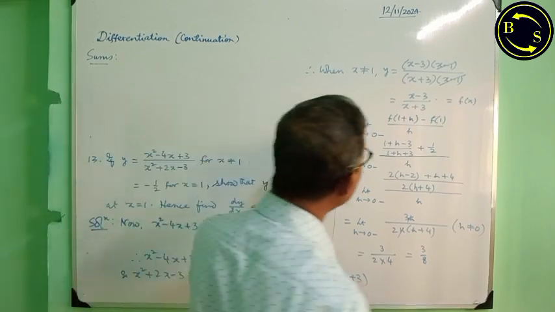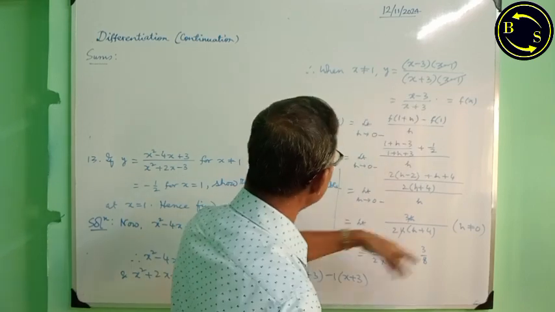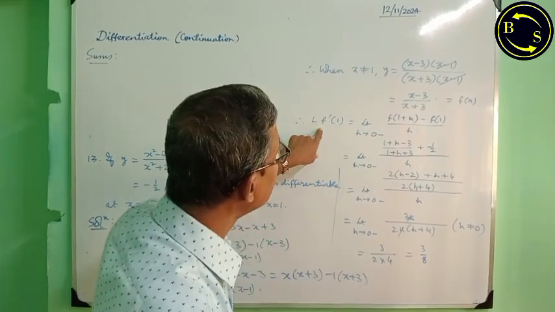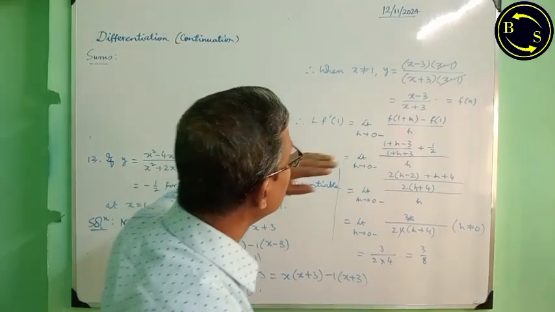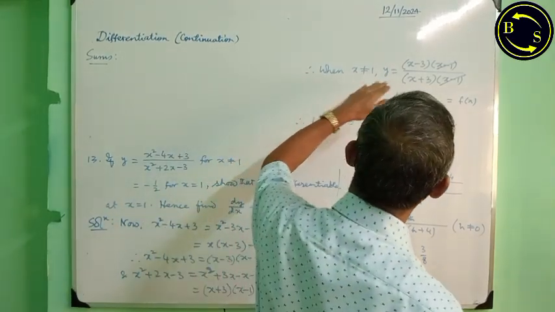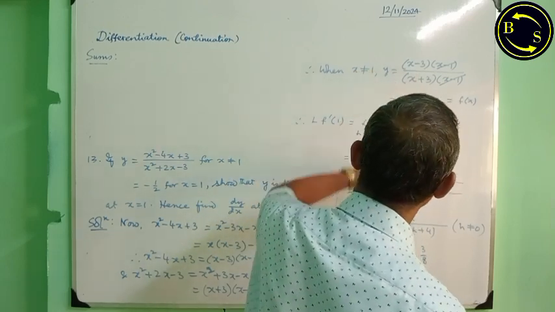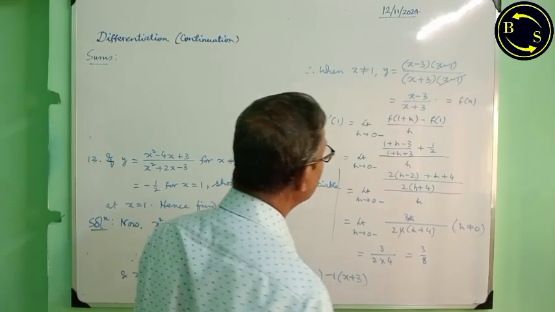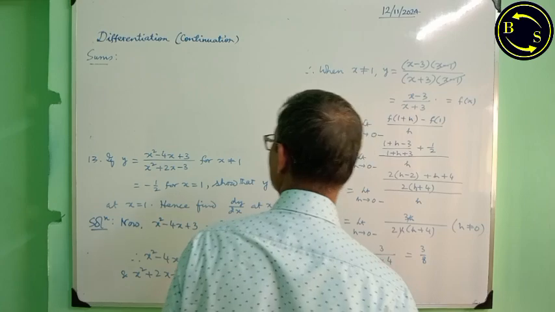When h tends to 0 minus, I have calculated the left hand derivative. Similarly, since here x is not equal to 1, we have to use the same expression for f(1 plus h) minus f(1) divided by h when h tends to 0 plus.